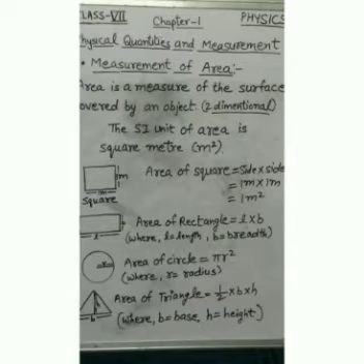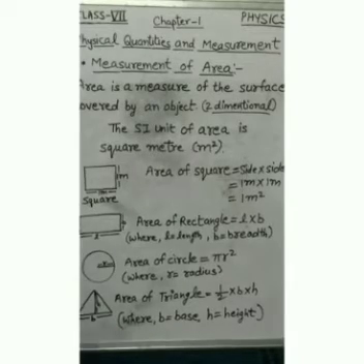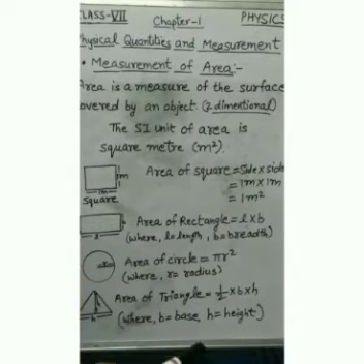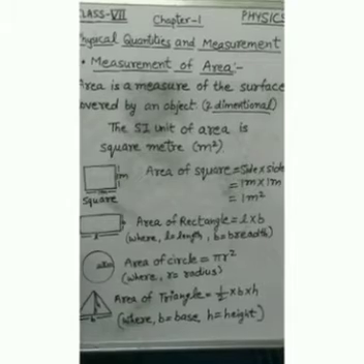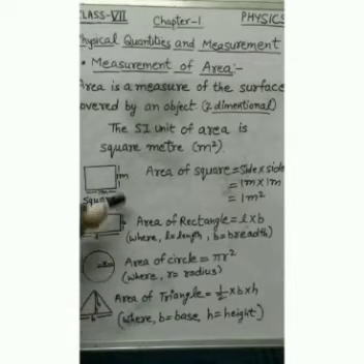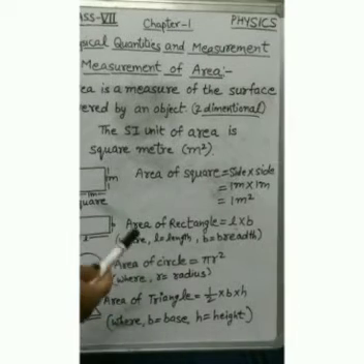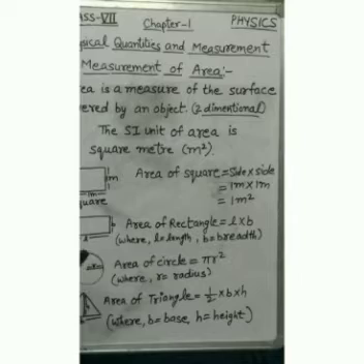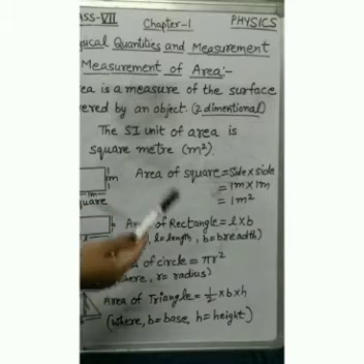Children, remember, when we talk about volume, we talk about three-dimension objects such as cube, cuboid, etc. And when we talk about area, we talk about two-dimension objects, for example, square, rectangle, etc. To find out the area of a square or a rectangle, we use the formula.